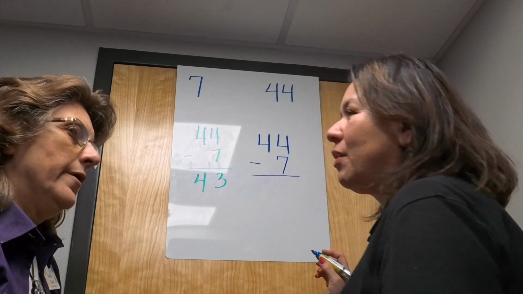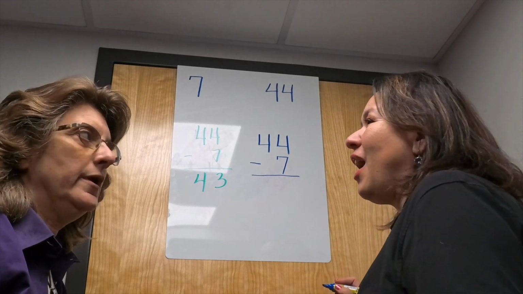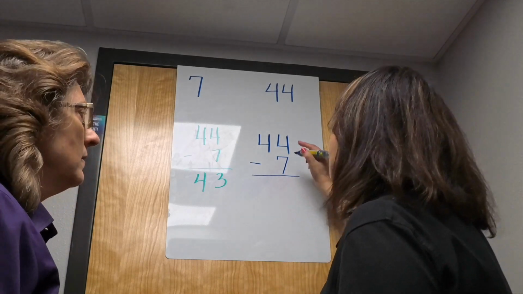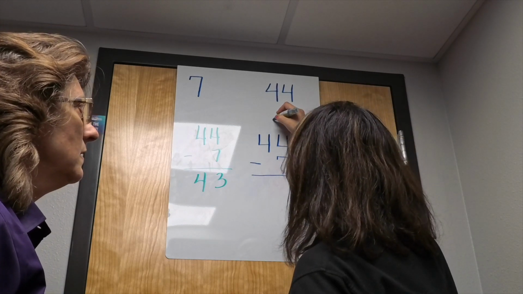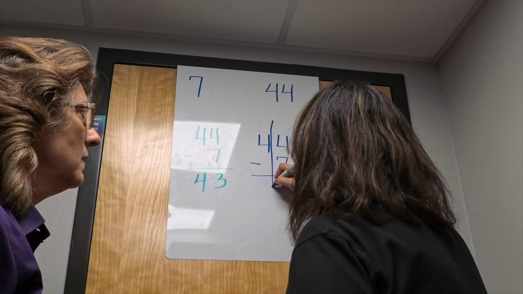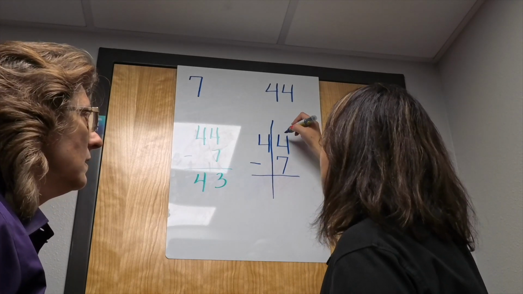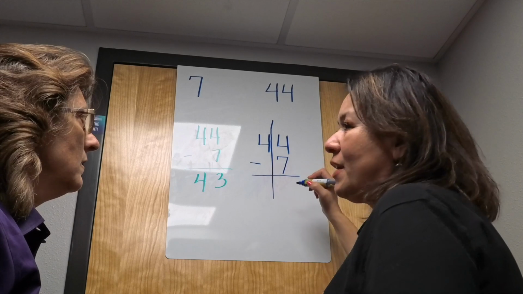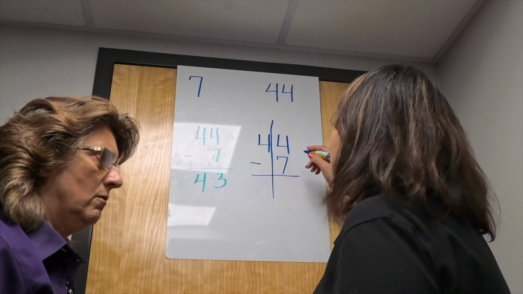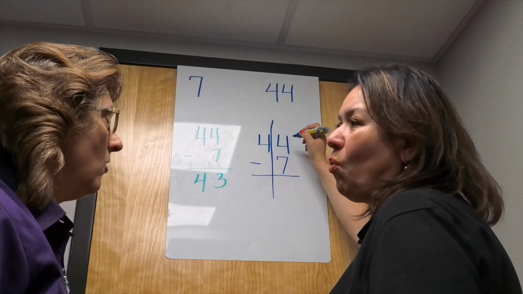Well, like I borrow a quarter or something. Yeah. So if I draw a line right down the middle here, I see that 4, I need a bigger number up here so I could take away 7. But it's all bigger there though. But we're only dealing with the ones.